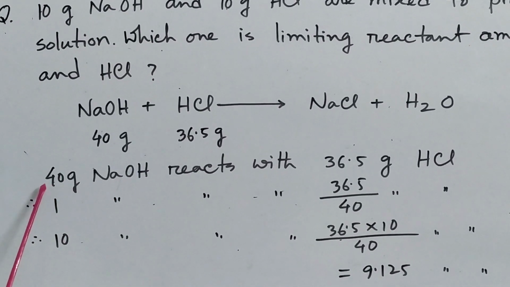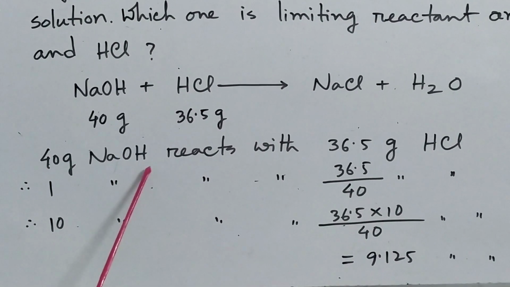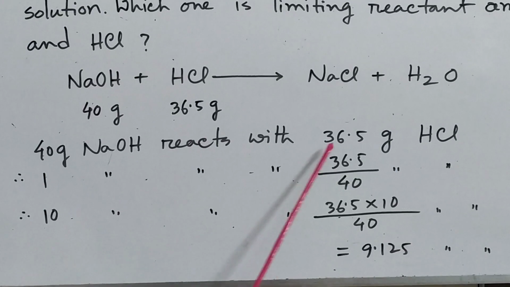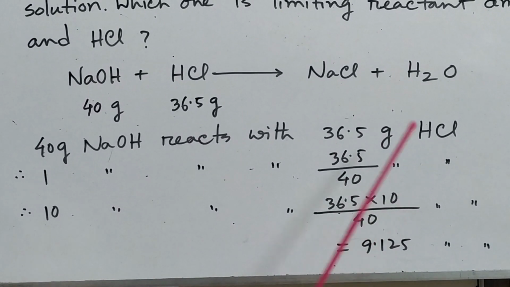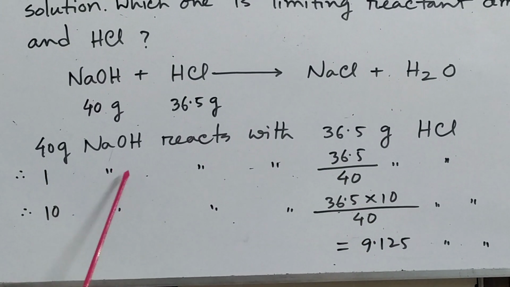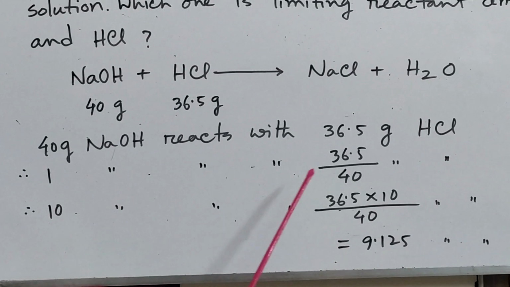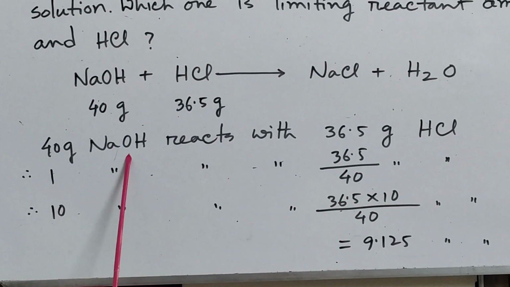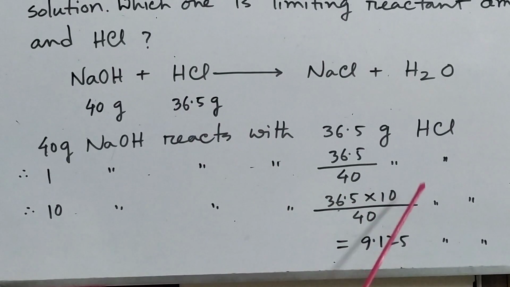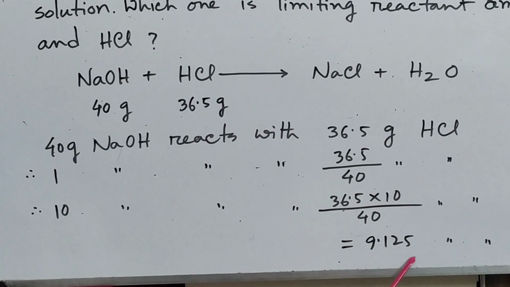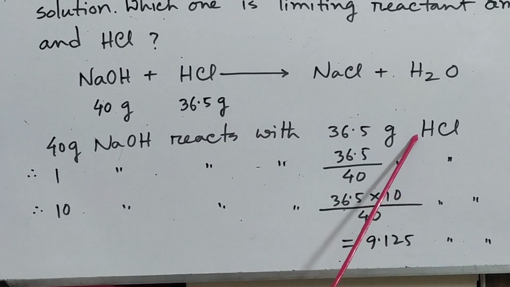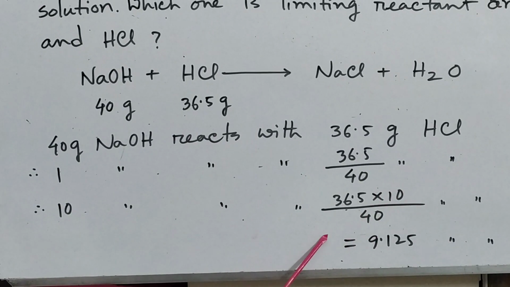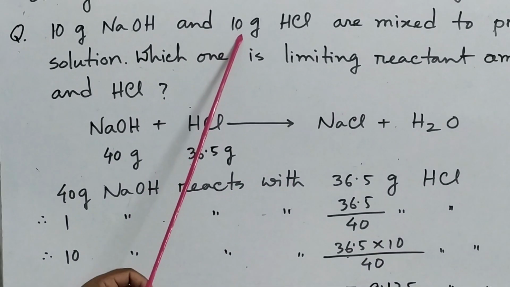Okay, now 40 gram sodium hydroxide reacts with 36.5 gram hydrochloric acid. Therefore, 1 gram sodium hydroxide, then 10 gram. So, for 10 gram sodium hydroxide, it is needed 9.125 hydrochloric acid. But in the question, hydrochloric acid is given 10 gram.